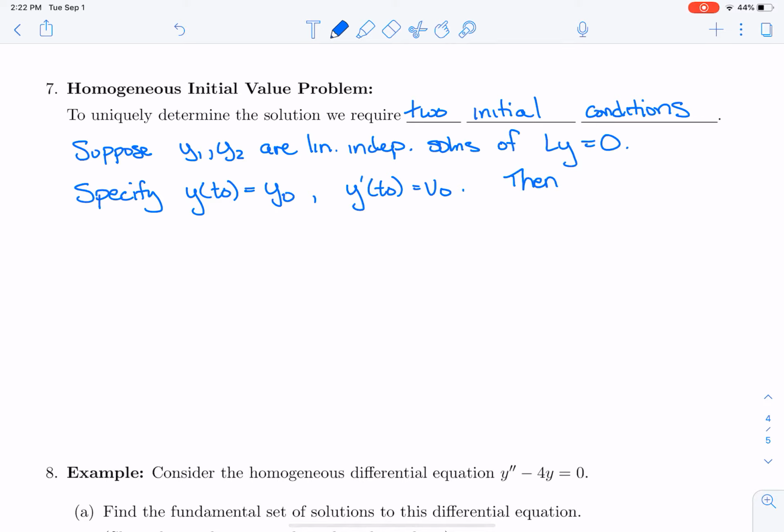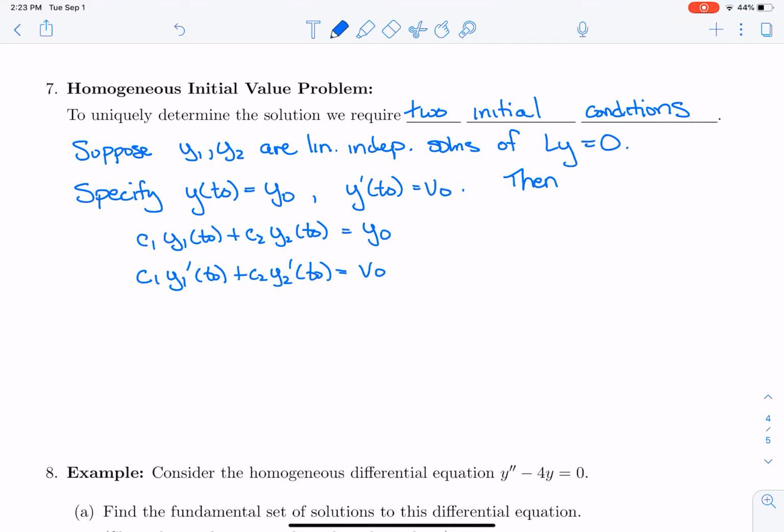Then we have that c1 y1 of t0 plus c2 y2 of t0 is equal to y0. That's just plugging in t0 to our solution and saying it must equal the initial position y0. But we can also plug t0 into our derivative, so that's c1 y1 prime of t0 plus c2 y2 prime of t0, and that would have to equal v0.